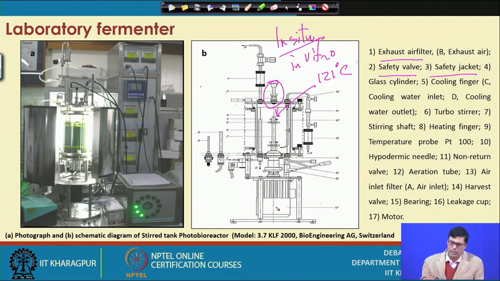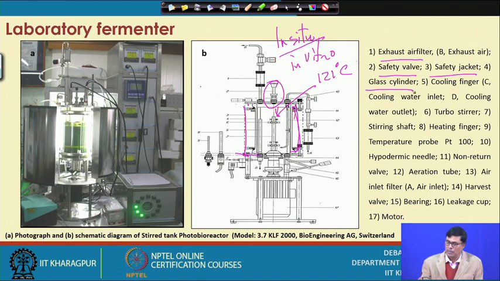If the steam pressure increases too much, that may cause some kind of disaster. To avoid that, we put a stainless steel jacket across this fermenter, so that even if your glass vessel bursts, it will not affect you very much.